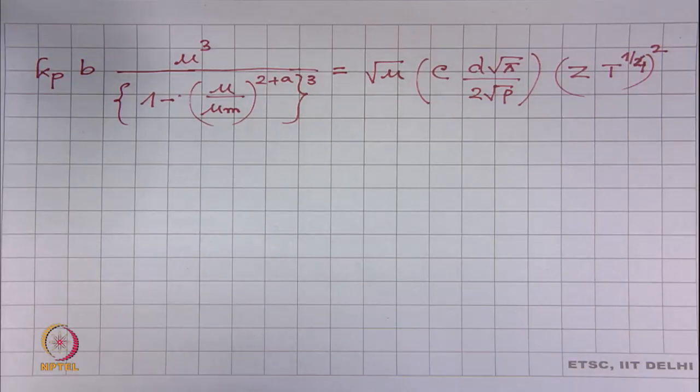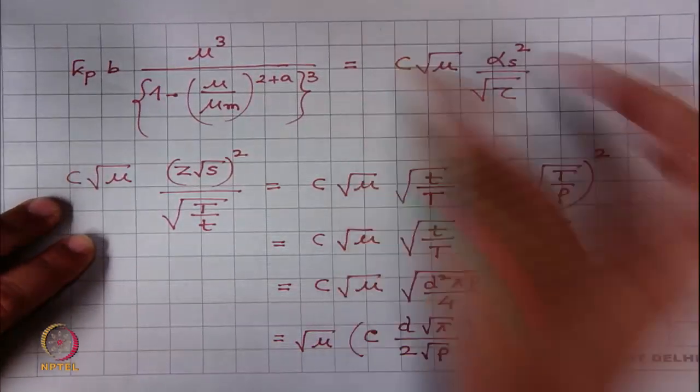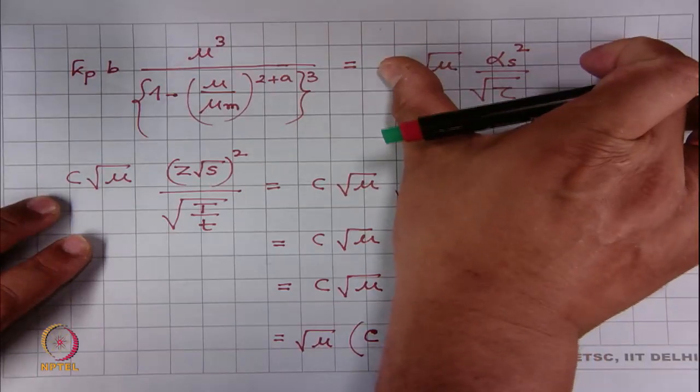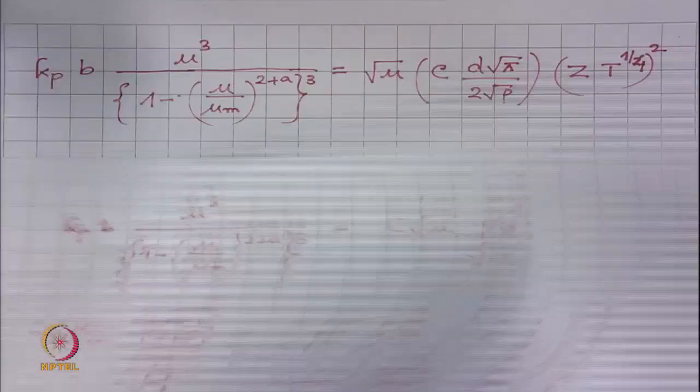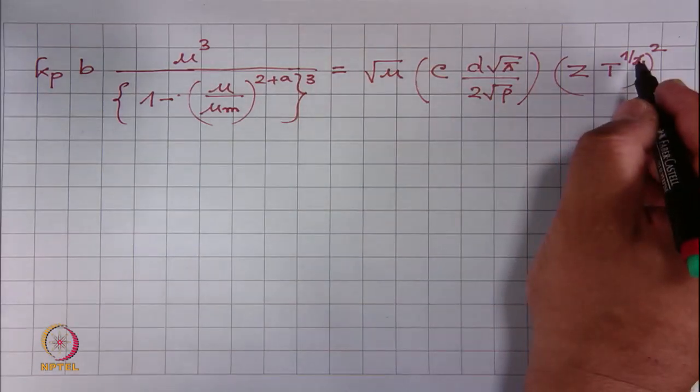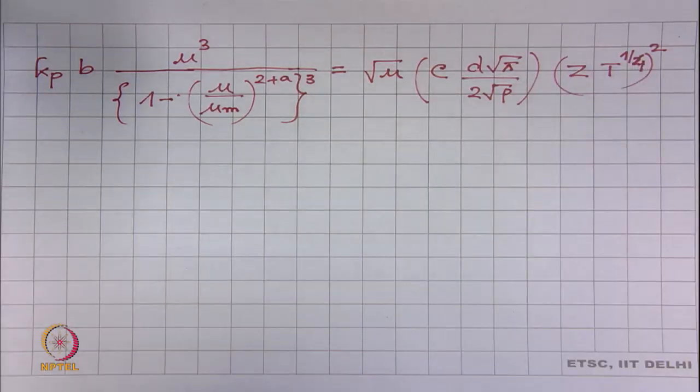So, what did we do? We have derived this right hand side is equal to this, and then we substituted this in place of here, and we obtained this expression. This is t to the power 1 by 4.